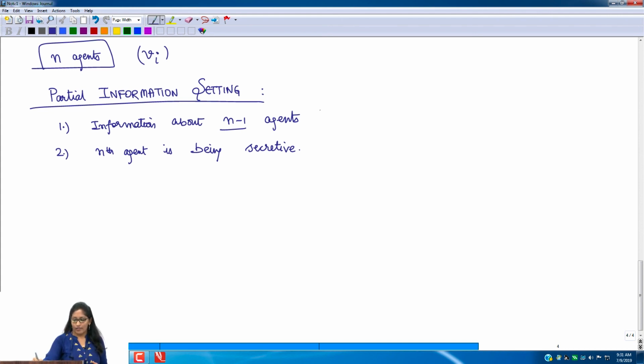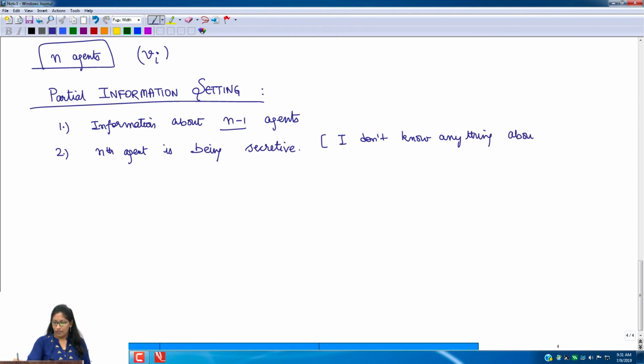So the setting is this: we know the valuations of n-1 agents, and the last guy, the nth guy, is being secretive, which just means that I don't know anything about the valuation of the nth agent.